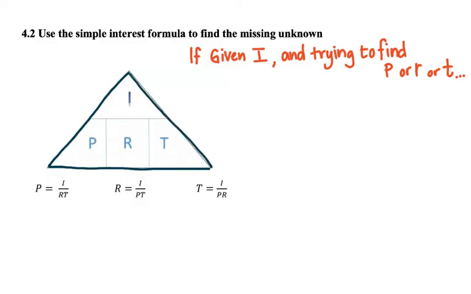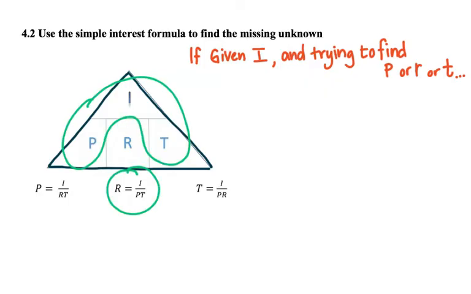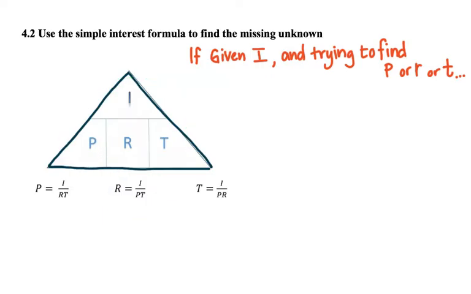That way, if you have the P missing and you want to find what is the principal, how much was invested, you just do I divided by RT. Whereas if you have the R missing, you just do this equation, R equals I divided by PT. And lastly, if the T is missing, you just do I divided by PR.